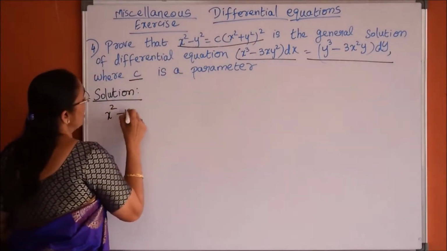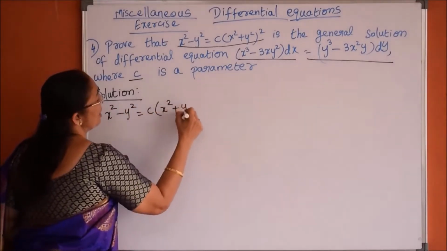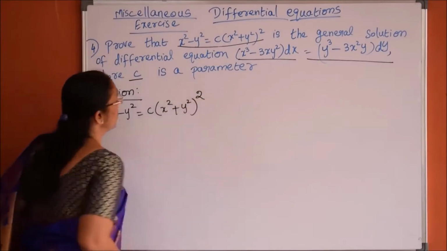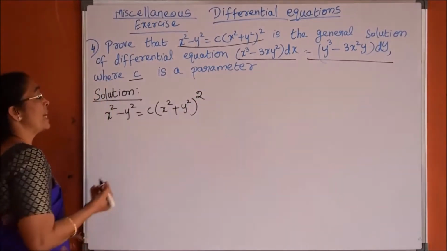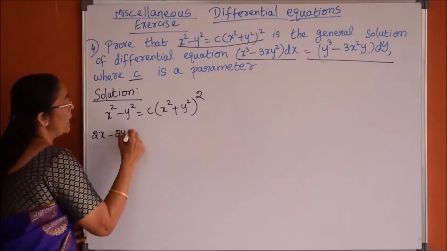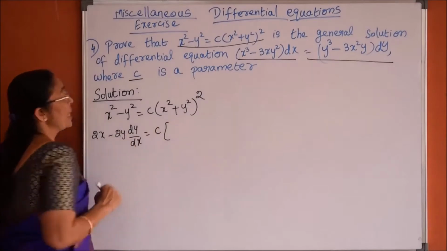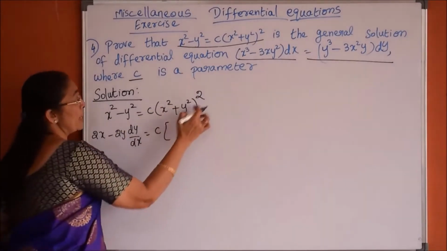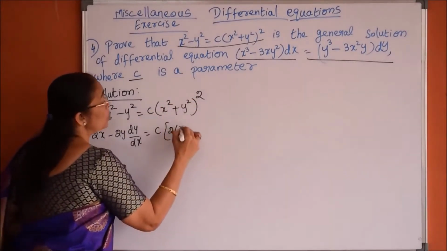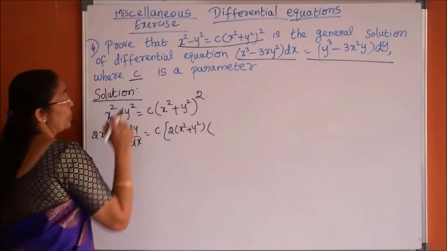The equation is x square minus y square is equal to c times (x square plus y square) whole square. Differentiating both the sides with respect to x, 2x minus 2y into dy by dx is equal to c times the derivative of (x square plus y square) whole square. The differentiation is 2 times (x square plus y square) into the chain rule.